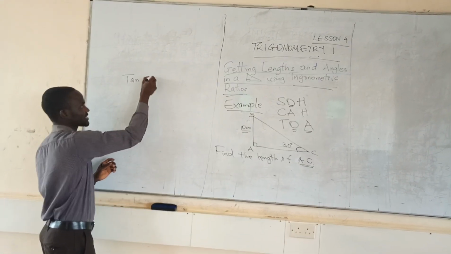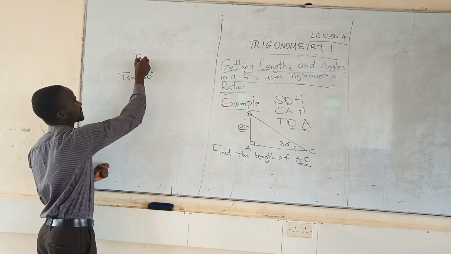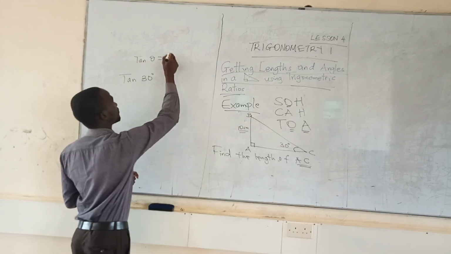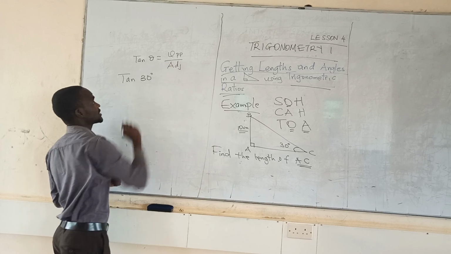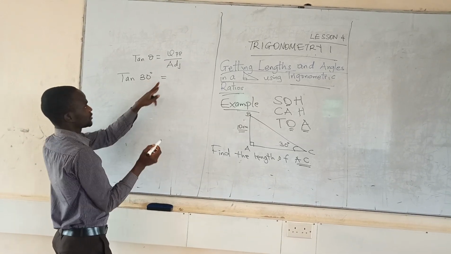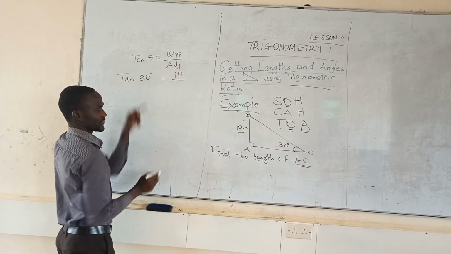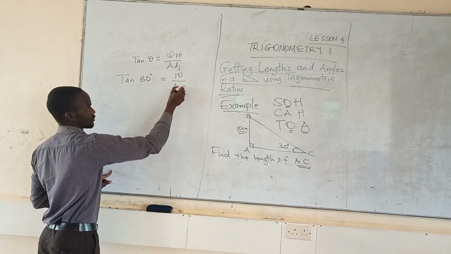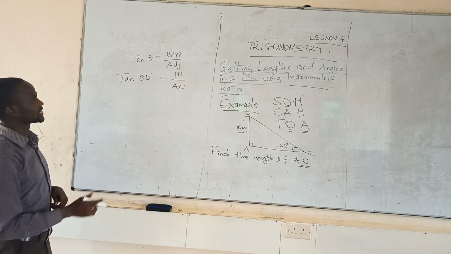tan 30 degrees. Remember, tan theta is equal to opposite over adjacent. So in our case, tan 30 degrees will be equal to the opposite, which is 10 centimeters, over AC. So AC is the adjacent side to 30 degrees.